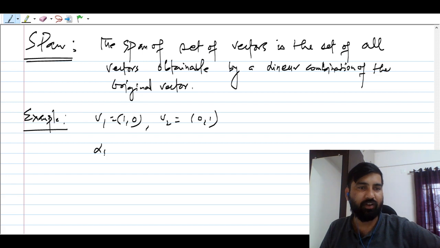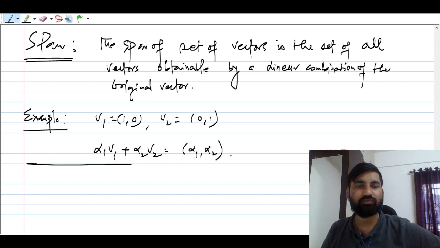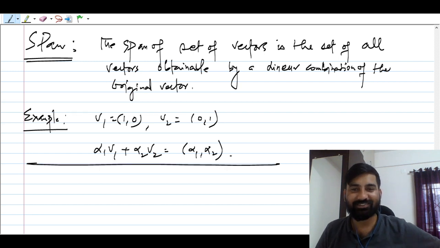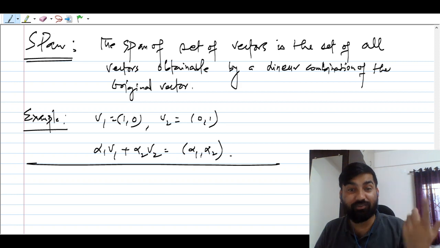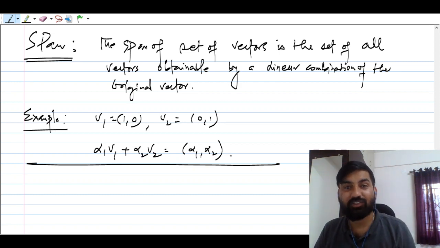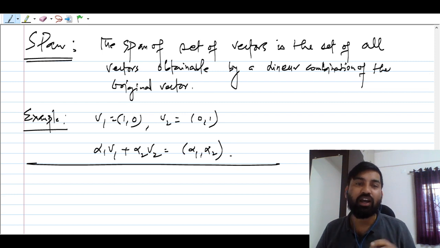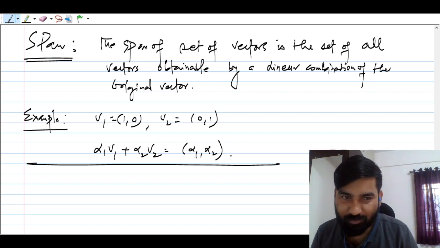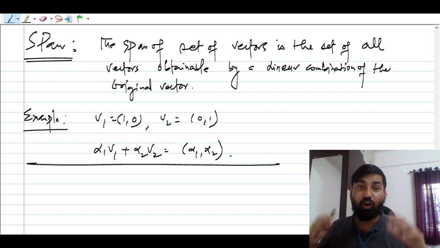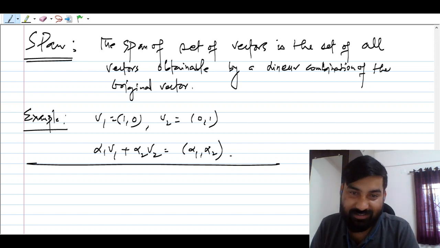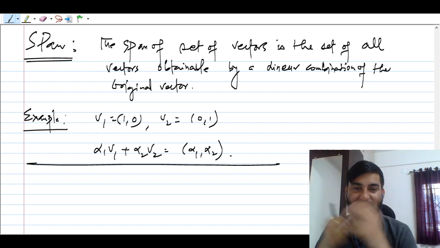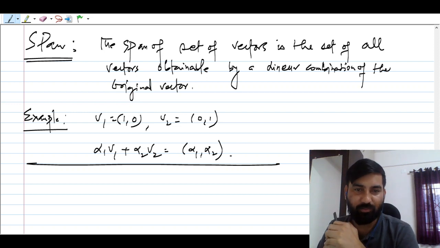So you can say alpha 1 v1 plus alpha 2 v2 will be equal to what? (alpha 1, alpha 2), right? Now you can take alpha 1 and alpha 2 as anything, right? I'm not taking a particular value of alpha 1 and alpha 2, I can take any value. So all possible linear combinations, not one linear combination.